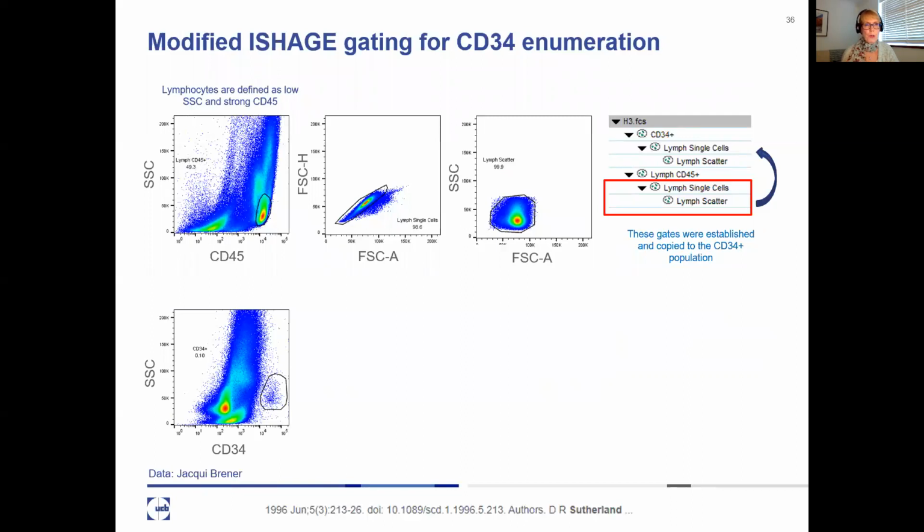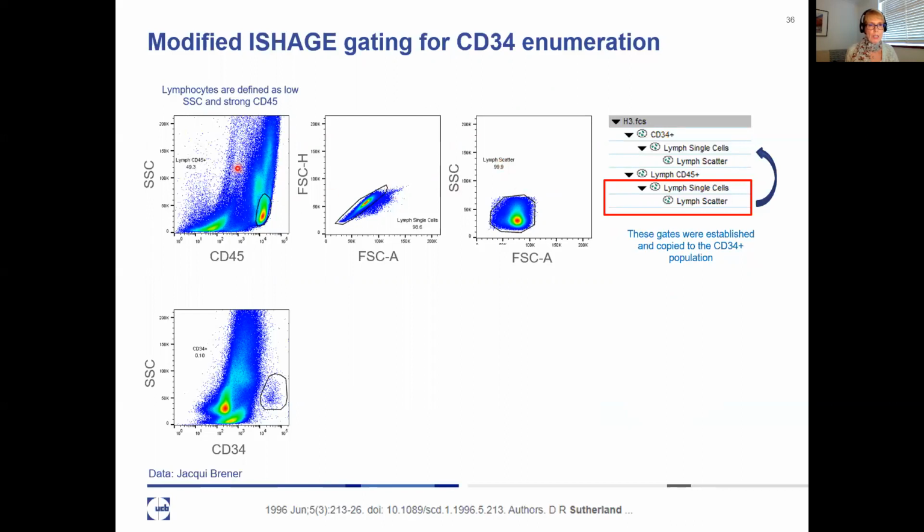And so I just wanted to give you an example of the other end of the spectrum, where we're looking at larger volumes, slow flow rates, but it's still a high throughput experiment. So this is an example of peripheral blood analysis for stem cells.